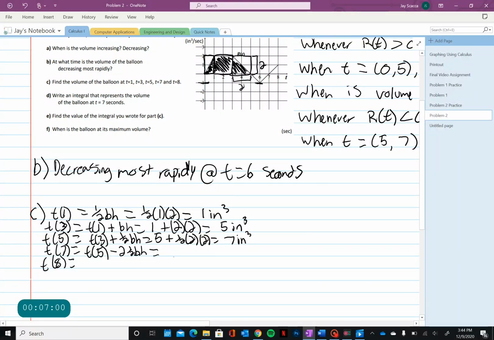And that's 7 minus 1, which just gives us 6 inches cubed.